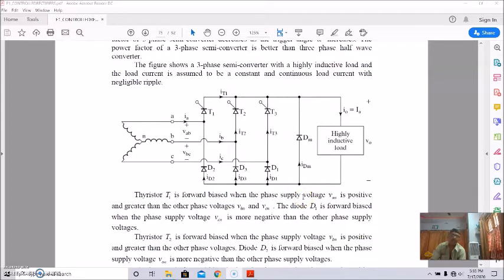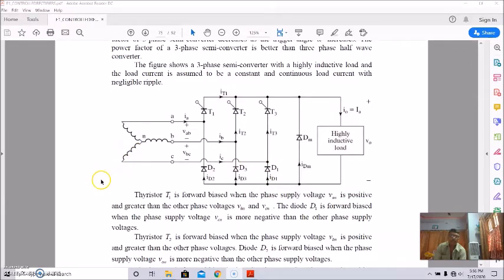Thyristor T1 is forward biased when the phase supply voltage VAN is positive and greater than the other phase voltages VBN and VCN, and diode D1 is also forward biased when the supply voltage VCN is more negative than the other phase supply voltages. Then the current flow path will be like this.